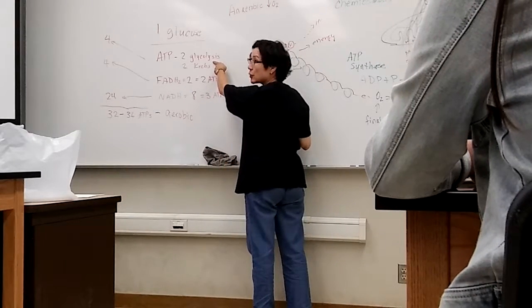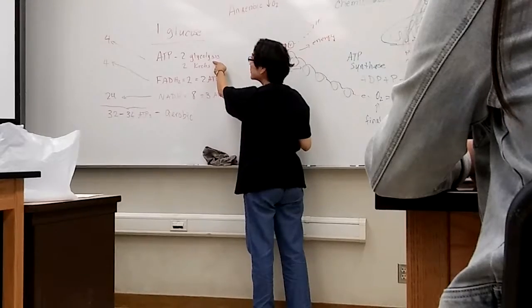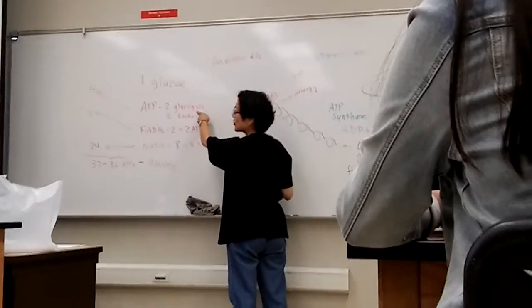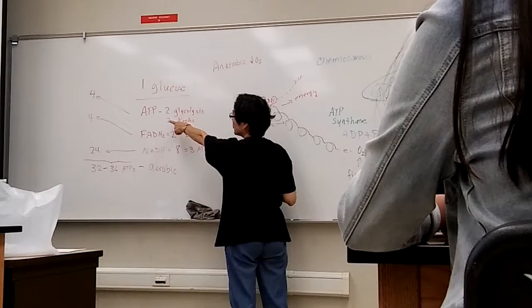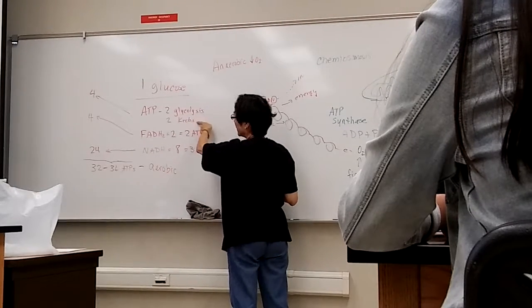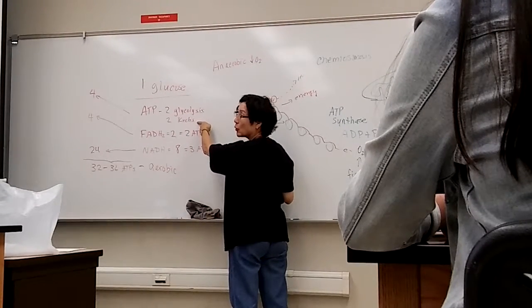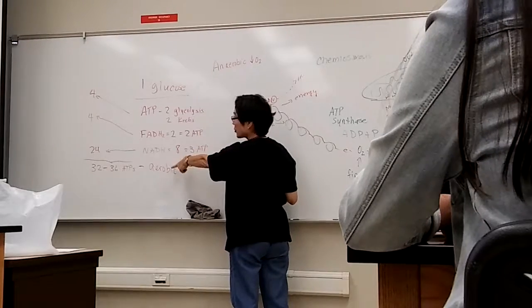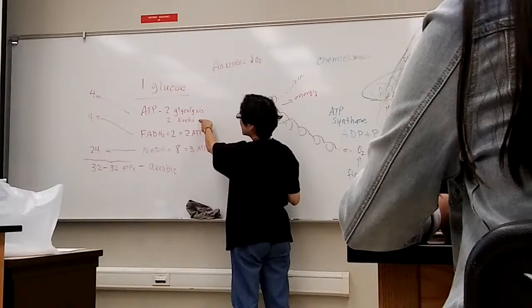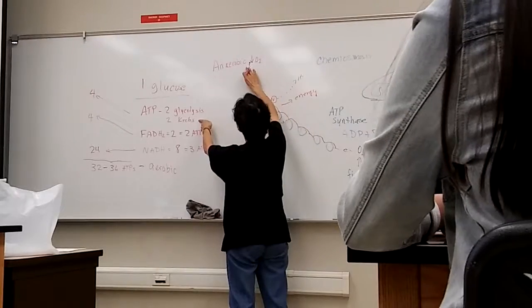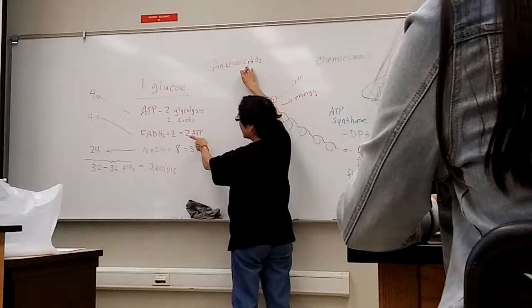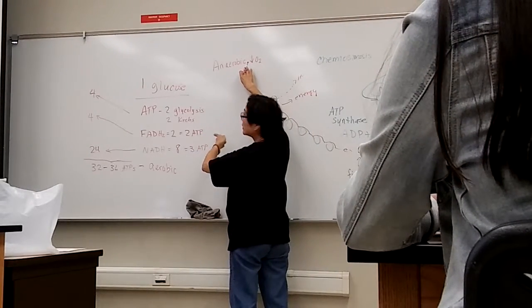So, do organisms go through glycolysis? Every single organism goes through glycolysis. And you see it produces 2 ATPs. Organisms go through the Krebs cycle only if there's oxygen. So would the organisms go through the Krebs cycle if there's not enough oxygen? No. So they wouldn't go through chemiosmosis either, right?